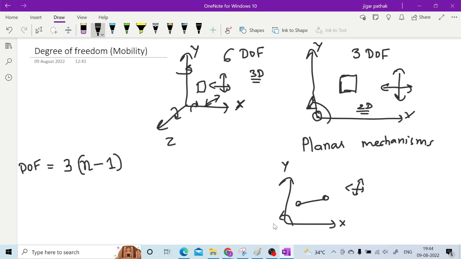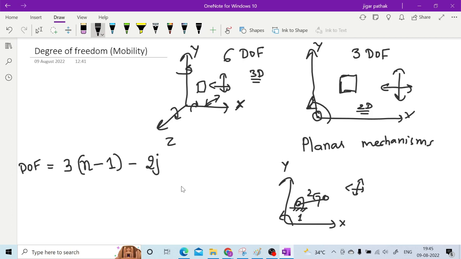If you joint any link to another link with this joint, 2 degrees of freedom will be restricted. Now it cannot have any translatory motion, it can have only this rotary motion. So this is how 2 degrees of freedom are restricted with one binary joint. So I am writing this minus 2j.